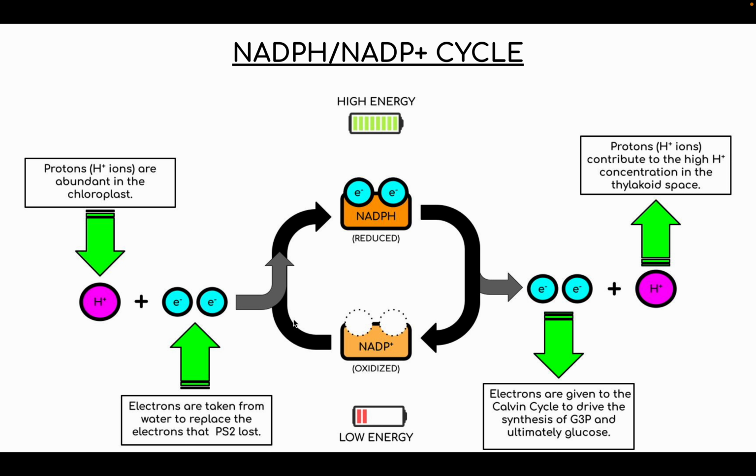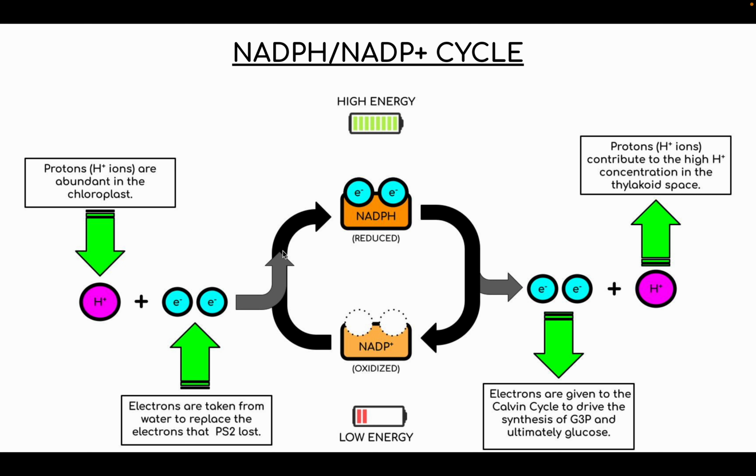This is a simplified version of the cycling of NADPH. Remember that the electrons that NADP plus is going to get are taken from water, lost at photosystem 2. They've come through the electron transport chain, which passes those down to photosystem 1.